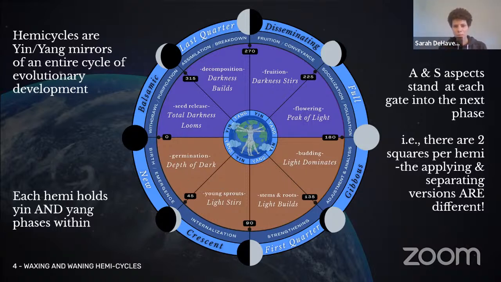It's interesting when you think about the principle of rhythm and how this applies to astrology. But without going too far off and digressing, we see here that there are 2 squares per hemicycle. The applying and separating versions are different.